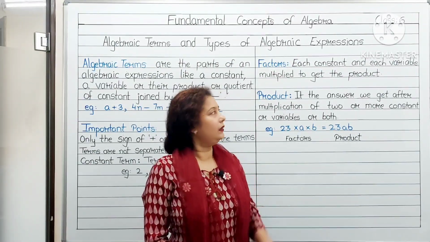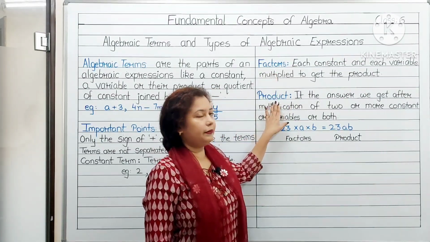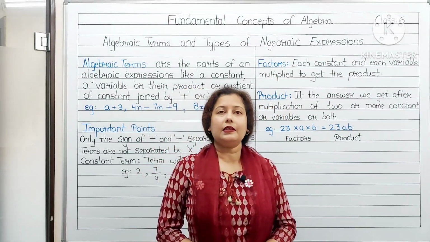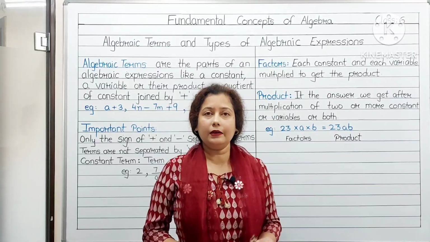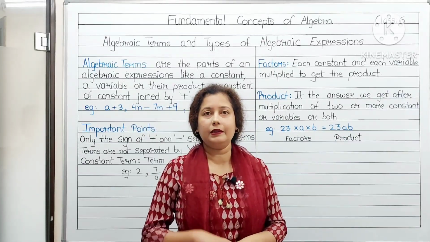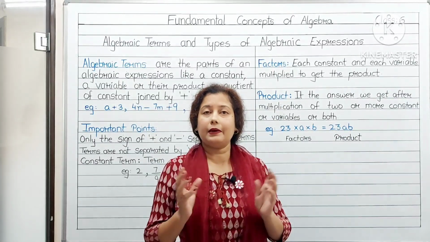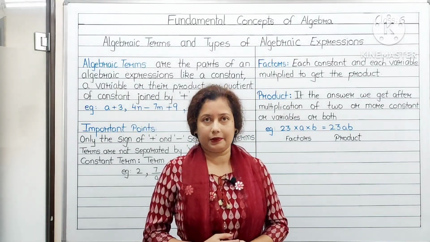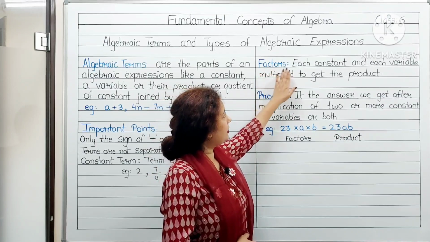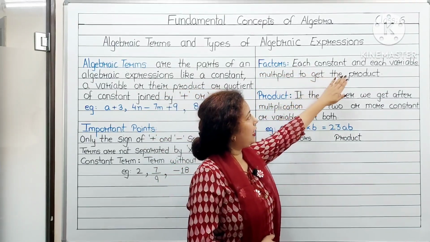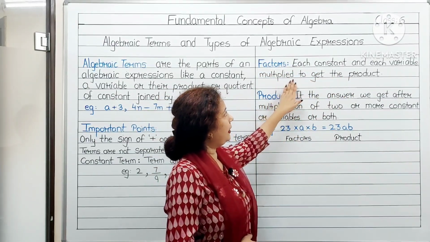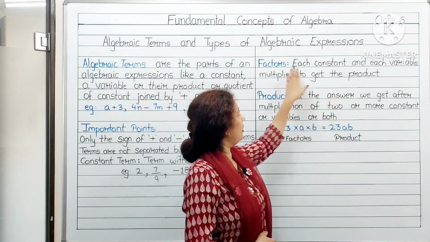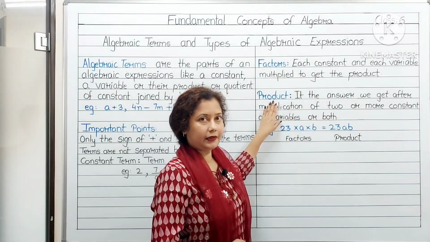Now we will understand what are factors and product. Factors are the variables and constant which are multiplied to get an answer. And by multiplying the factors, the answer which we get is called as the product. So here factors, each constant and each variable multiplied to get the product are called the factors. Product.